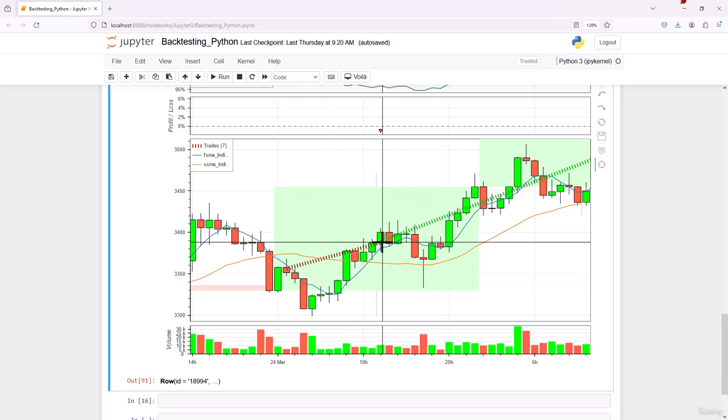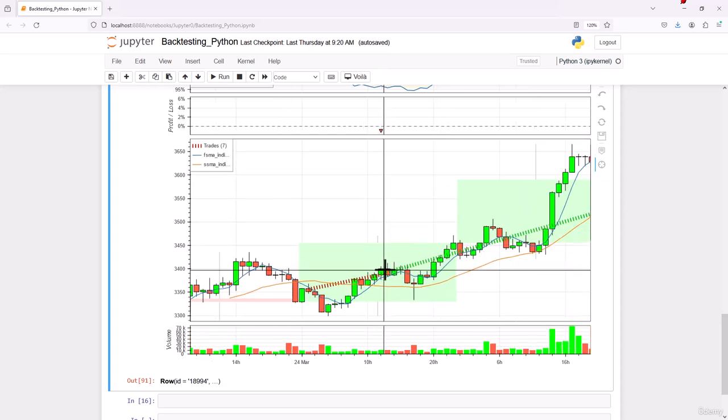But let's see why the trade is closed. Because here a new crossover of fast and slow moving averages has occurred. In fact, since the strategy should open a buy trade, the previous sell trade should be closed.